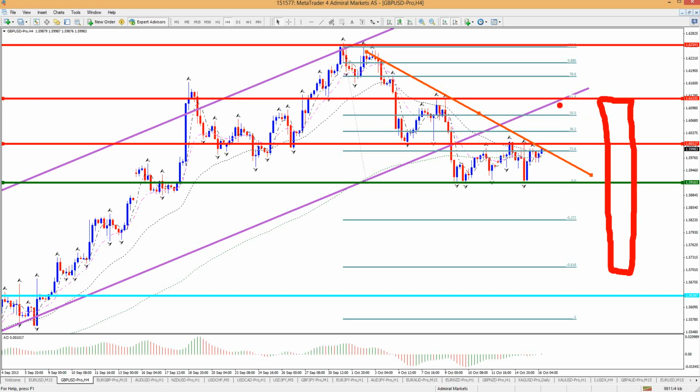But the currency could also turn at the 50, for example, or even at 786. So that's something we have to be aware of as well, and be ready to be flexible and adjust if we get signals that another fib might be used.